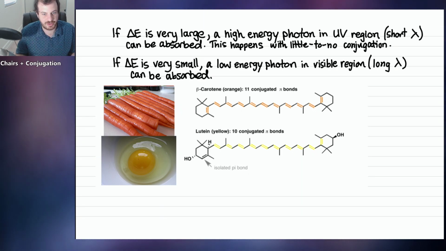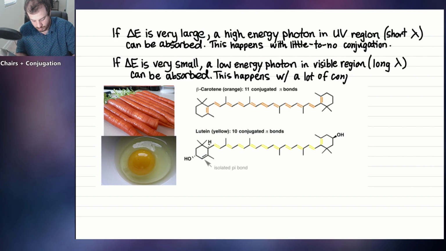And this happens when there is a large amount of conjugation. So you can see in this picture here, the carrots and the eggs, they contain molecules with a large amount of conjugation. So that means these molecules absorb visible light. And whenever something absorbs visible light, it appears to have a color. That's the take-home message here.